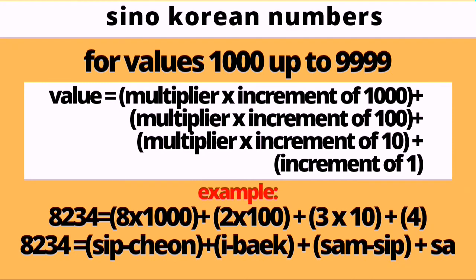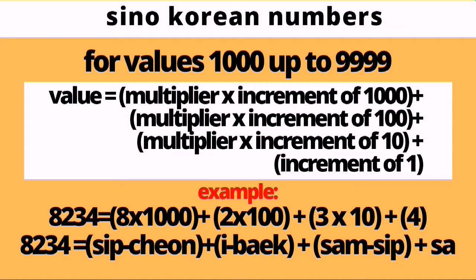Now let's proceed with knowing how to write the Sino-Korean numbers for values 1000 up to 9,999. So if we compare this formula with the previous formula, the only difference is that there is an additional element that shows how to indicate the thousands place.